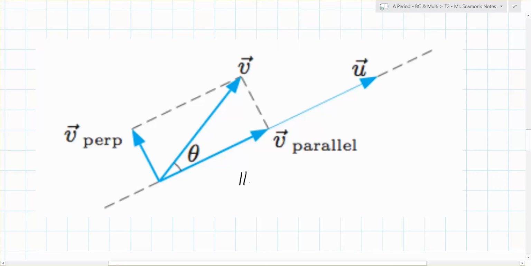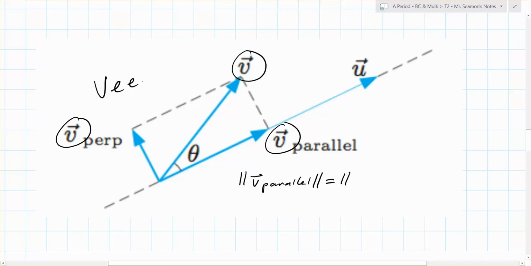So we'll start with this. The magnitude of v parallel. What's the magnitude of that going to be? Oh, come on. You can do it. Be careful, that's a lowercase v, these are all v's.